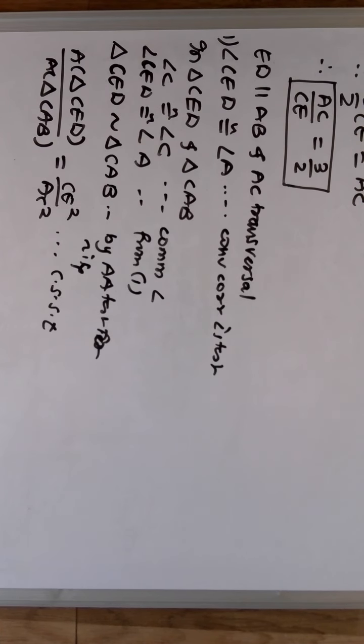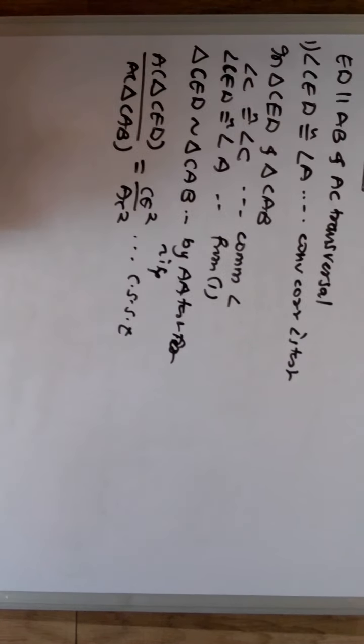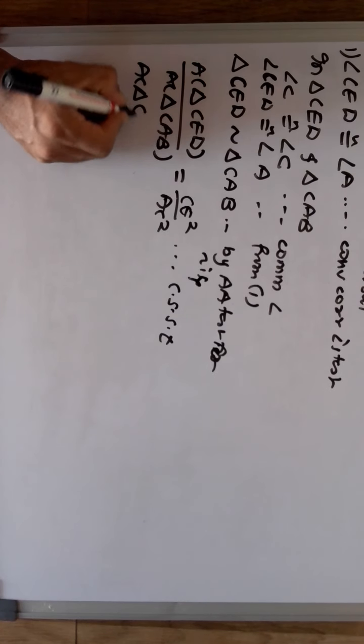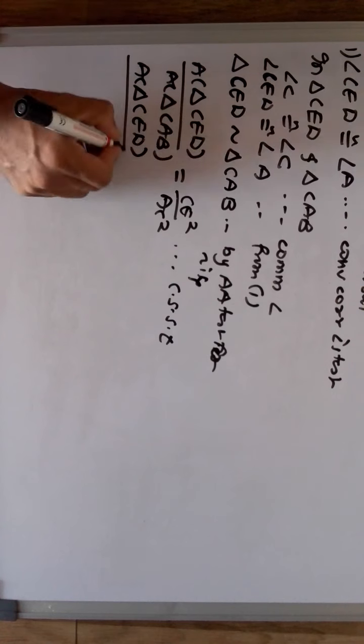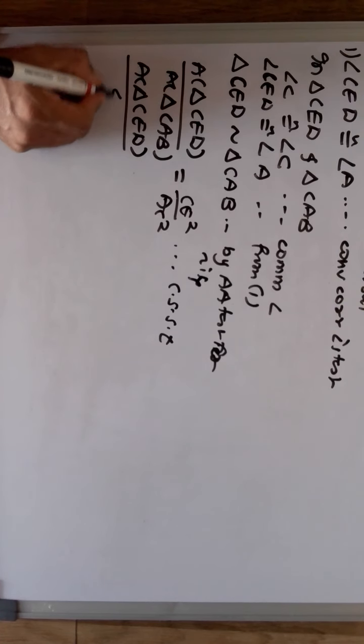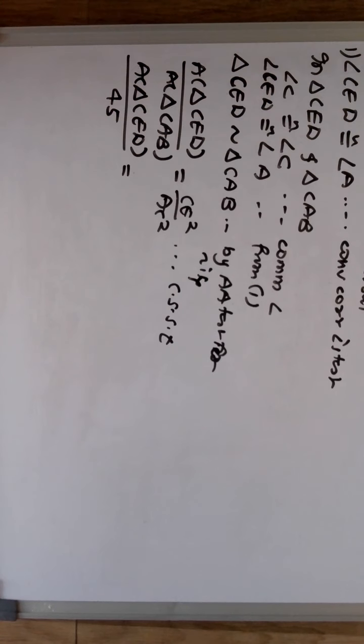Now let me write the information what is there with me. Here CED is not known, so that becomes area of triangle CED which is not known, and area of triangle CAB which is known, that is 45, and CE square. CE, now see the ratio that you have. ऊपर देखो, scroll करके देखो, ratio is AC is to CE, right?